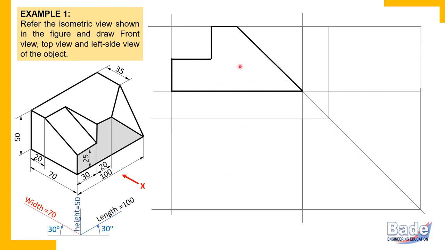So let's draw this surface in the top view. Now this surface is the front surface, and this is front side. Front, back, right, left. We have studied it in the first video on orthographic projections.